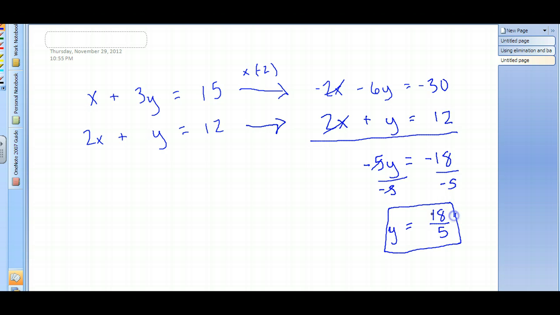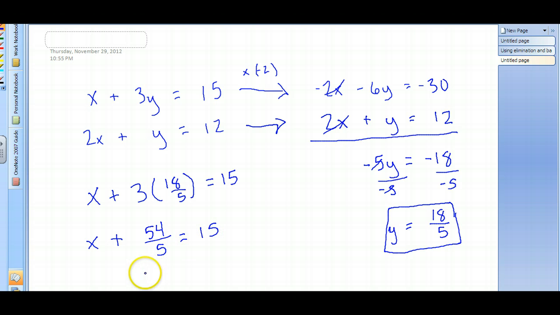Okay, so there's y. How do we get x? Just plug it into either one of these original equations. So x plus 3 times 18/5 equals 15. This won't reduce. 5 won't go into 3, so I have to multiply. 18 times 3 is 54 fifths.